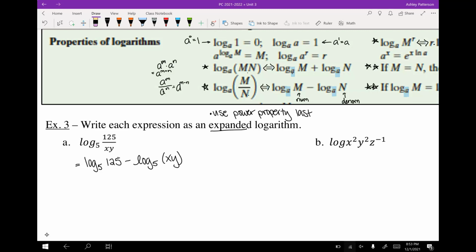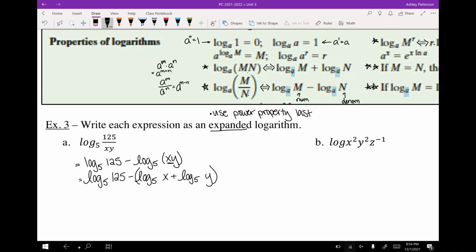But we're not done, everyone, because I can use the product property for the quantity that's being multiplied together. So I'm going to say minus the log base 5 of x plus the log base 5 of y, and this whole quantity is being subtracted. So be very careful.